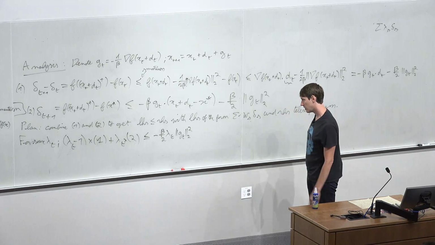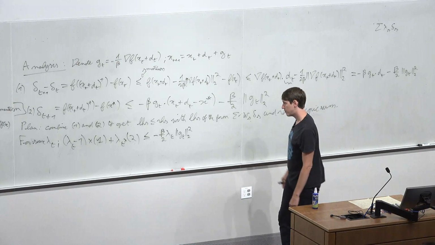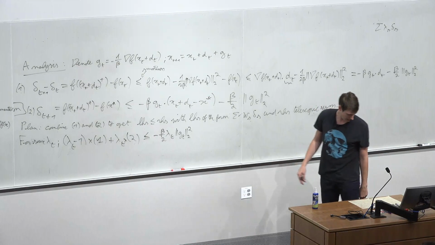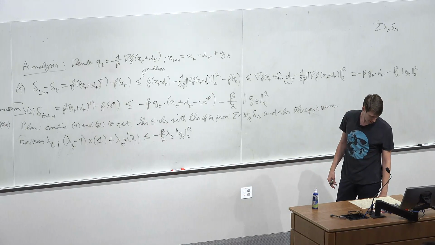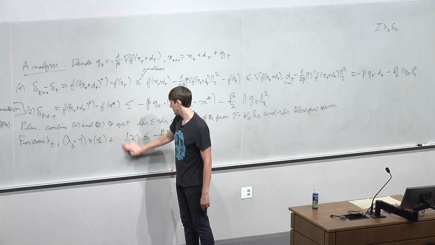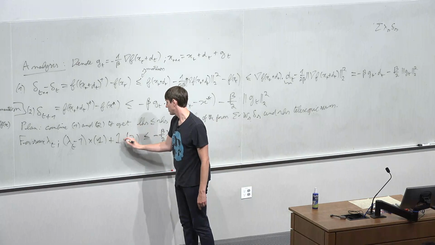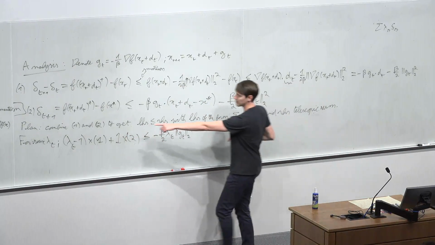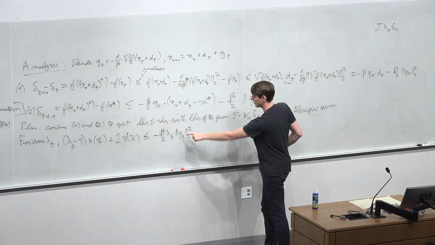Sorry. Do I want plus 1 times lambda t minus 1? Yeah, I just want plus 1 times here to have the nice cancellation. Sorry about that. Plus 1 times the second one. So then I get lambda t minus 1 plus 1. That was correct.